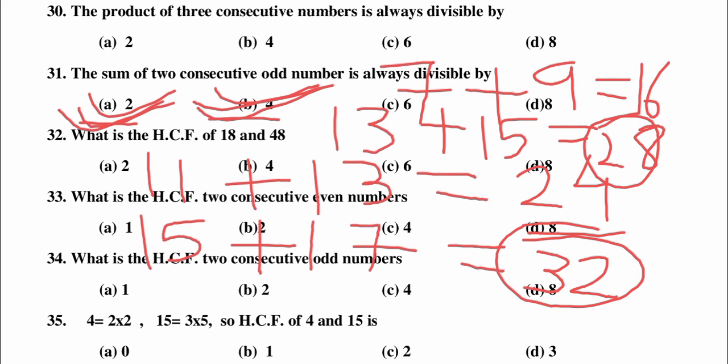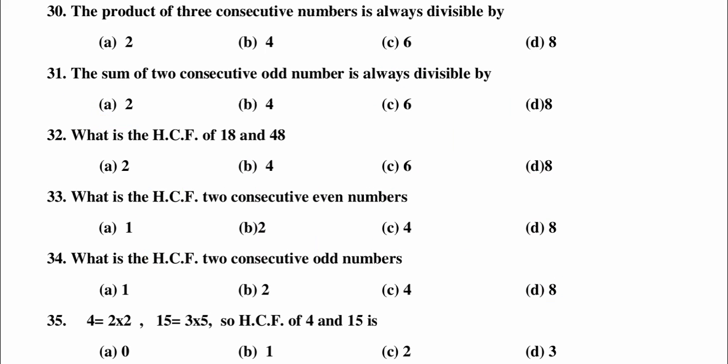The sum is 28, and we can divide it by 2 and 4. So here we can say that the sum of two consecutive odd numbers is always divisible by 2 and 4. Okay, here both options are given. Actually the option should be given like A and B both. So the sum of two consecutive odd numbers is always divisible by 2 and 4.